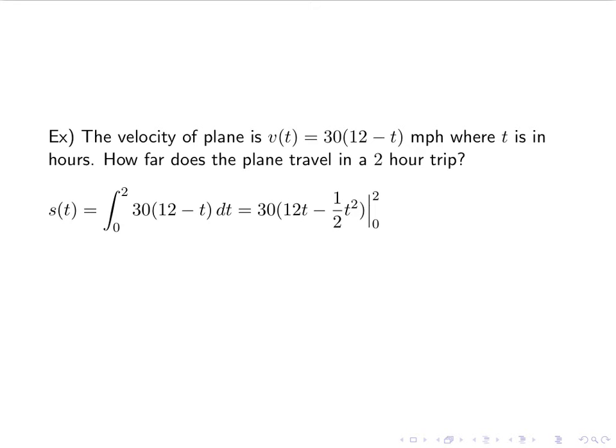So I integrate. Remember, 30 is just a coefficient, so I'm ignoring it. I integrate 12, I integrate t, and then I plug the 30 back in. Plug in 2, I get 660. Plug in 0, I get 0. So my answer is 660 miles. That's how far the plane traveled.